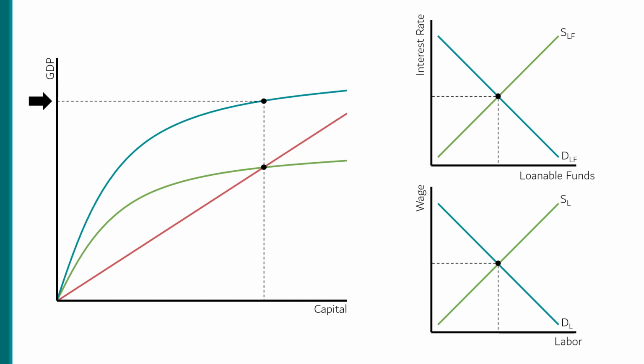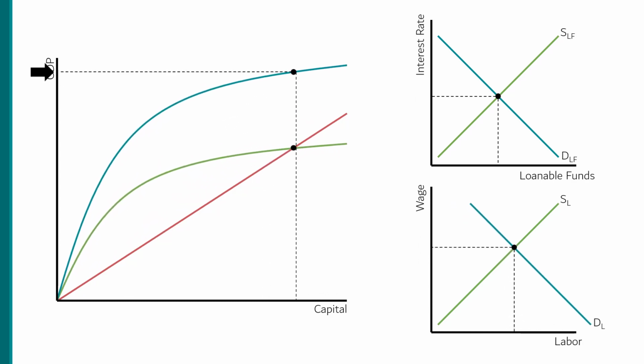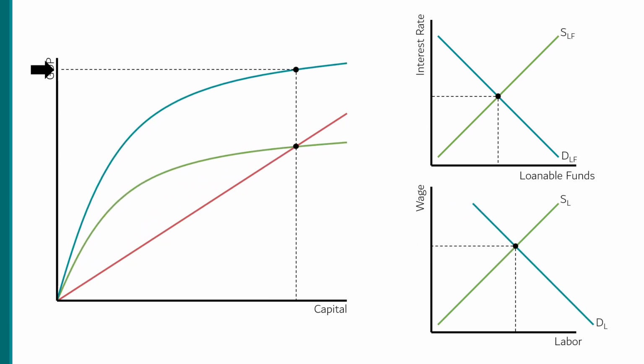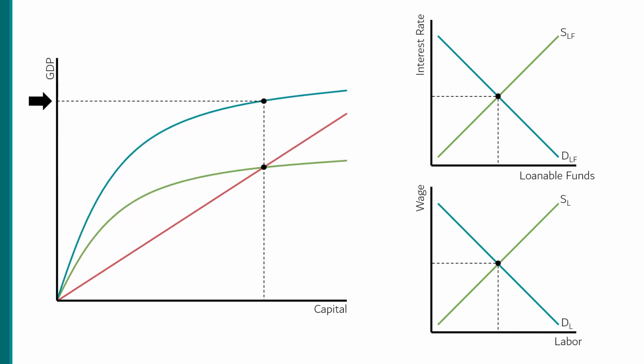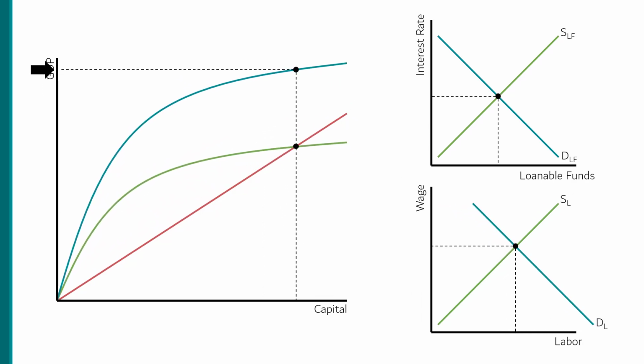With these models together, we can think about what will happen when something in the economy changes. For example, when the Industrial Revolution increased labor productivity by pairing it with new machines, the demand for labor increased. When the demand for labor increases and shifts to the right, not only do wages increase, but the size of the labor force increases too.